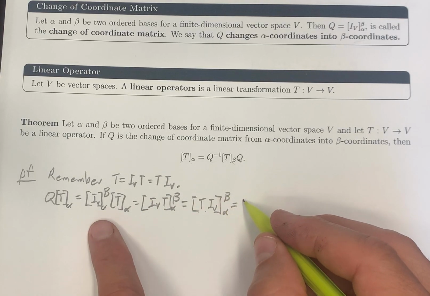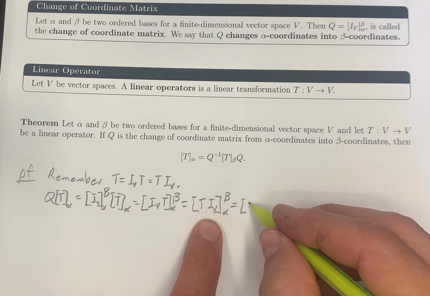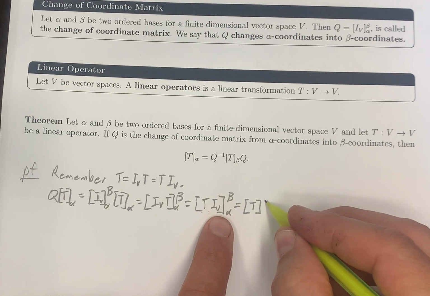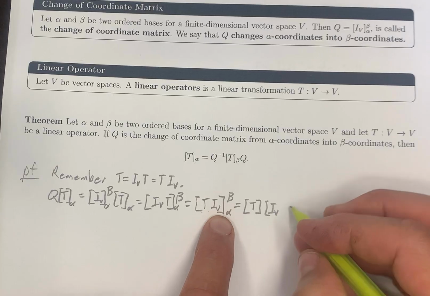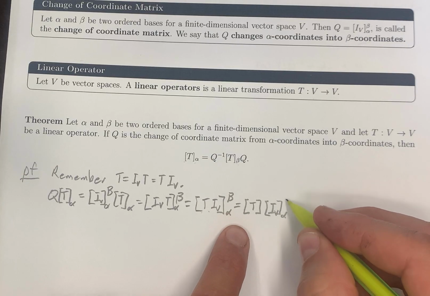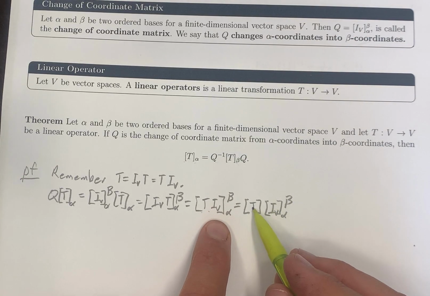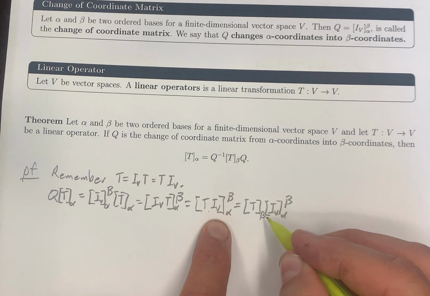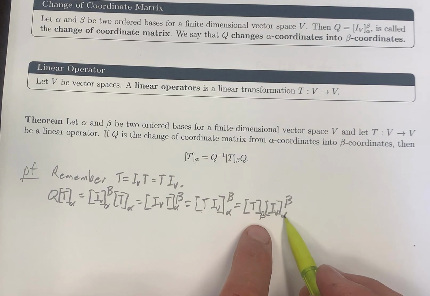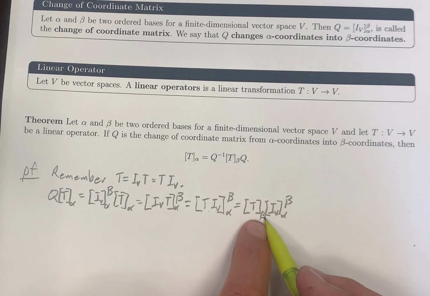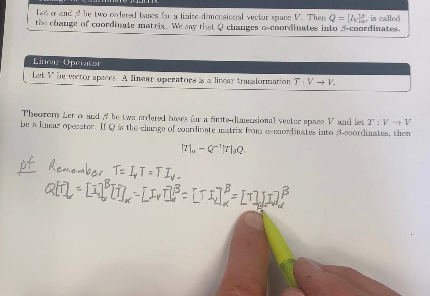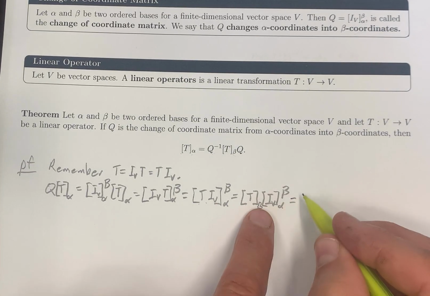Now we break it apart just the way we put it together there. Notice the identity on V is going from alpha to beta. T is in beta coordinates here. This feeds out beta coordinates. This has to handle beta coordinates. But what is this?